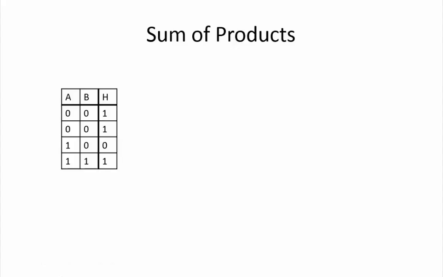Now that we have evaluated what our output H is equal to for each combination of A and B, we can represent the circuit as a single truth table whose inputs are A and B and whose output is H. At this point, we can express the function H as a combination of all the cases that make H equal to 1.